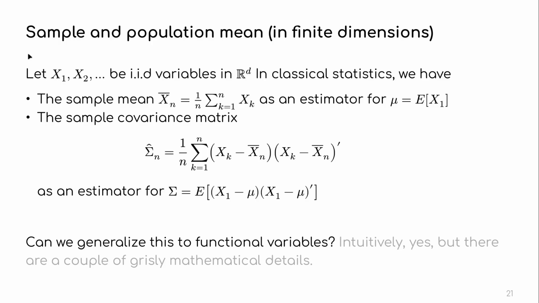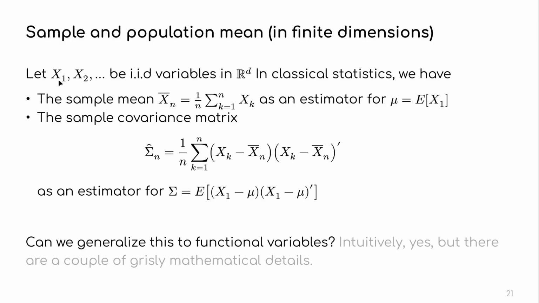Okay, so we want to generalize the notion of sample and population mean and covariance matrix to infinite dimensions. So it's nice to recall what those are in finite dimensions.